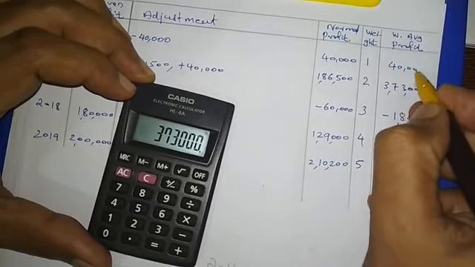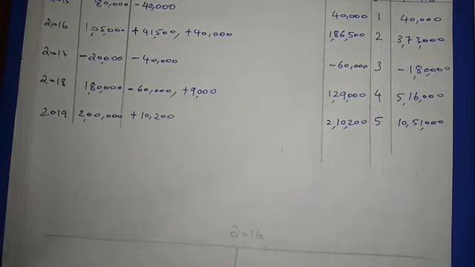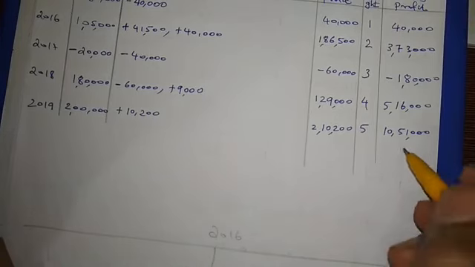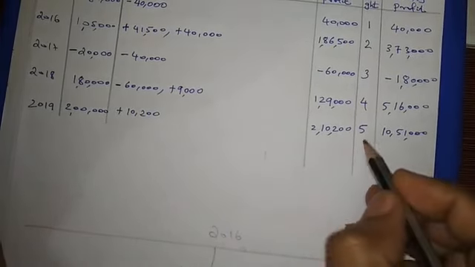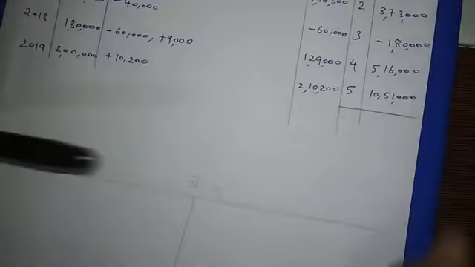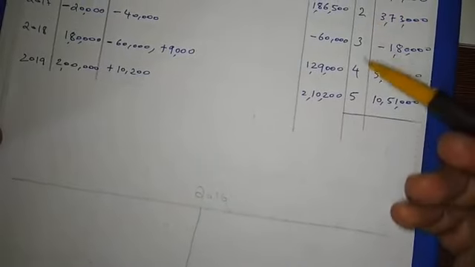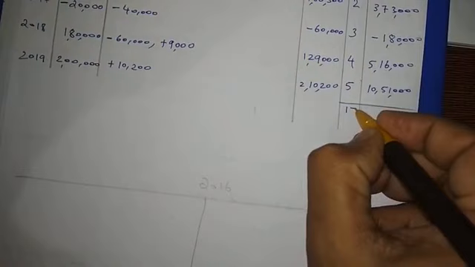40,000. Now listen, these two columns total you need to take, the last two columns total. So this column total is coming 15.